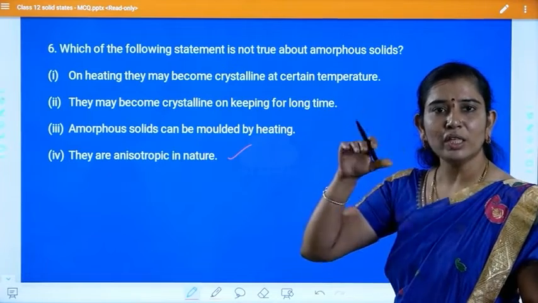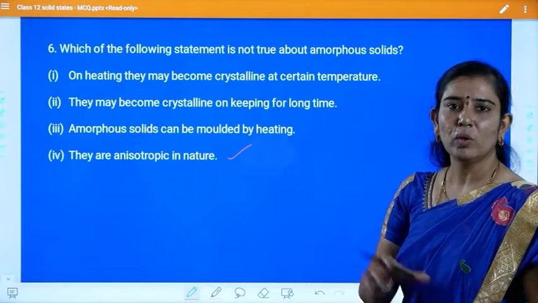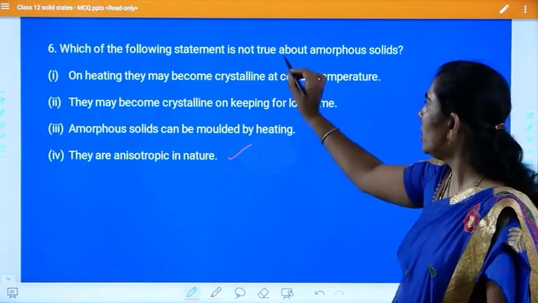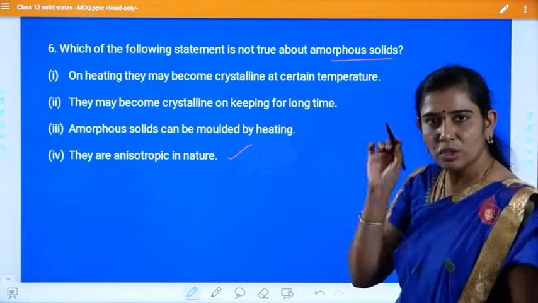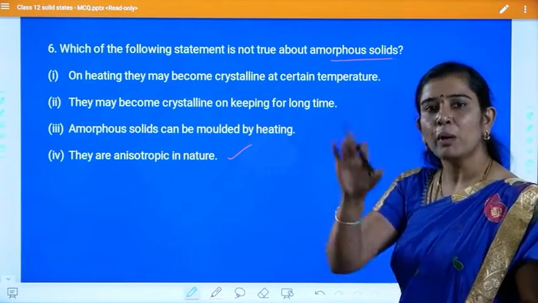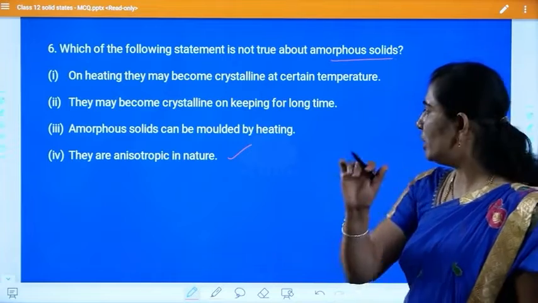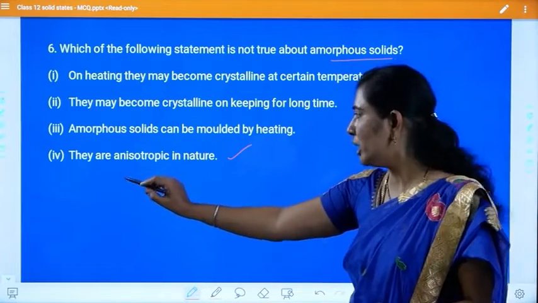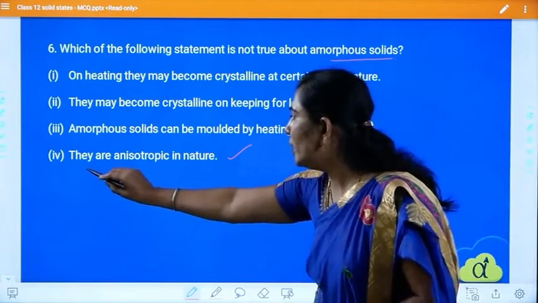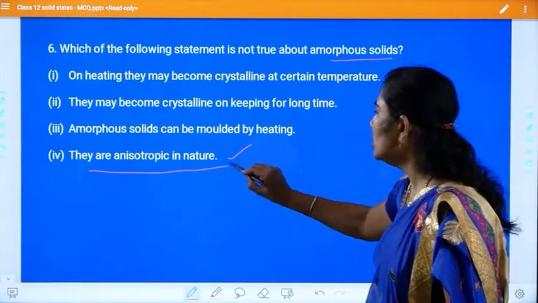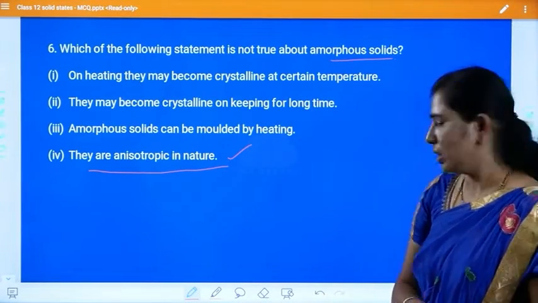Check whether the answer given matches the amorphous solid or not, by recalling the properties of amorphous solids. Based on that, you can give your judgment. Because amorphous solids are isotropic, definitely this 4th option is not true. Okay? Fine.